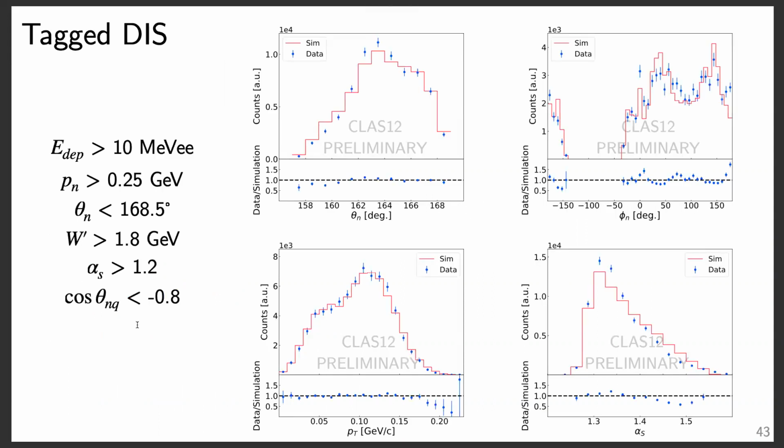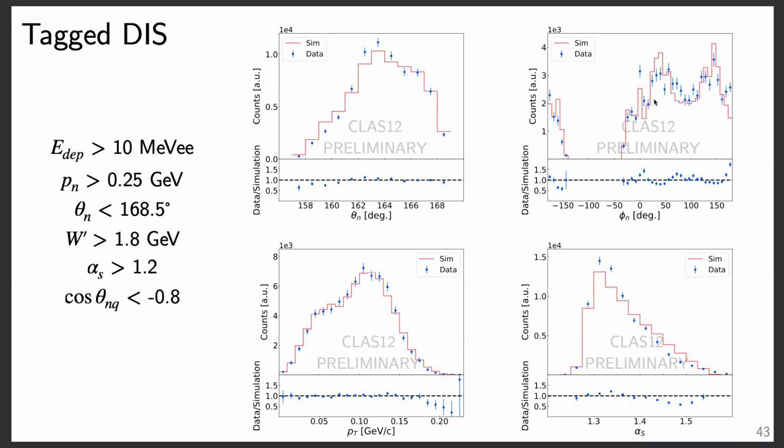These are some comparisons of data to Monte Carlo for the tag DIS analysis. At the top, we applied this set of cuts here. The top 2 plots are more geometric quantities: the polar angle and azimuthal angle of the recoiling neutron in the lab frame. This agreement shows us that we're doing a reasonable job of simulating the detector acceptance.